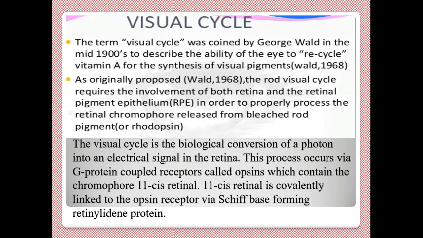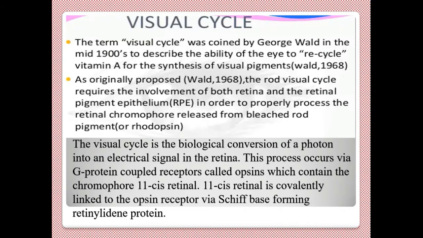The rod visual cycle requires the involvement of both the retina and the retinal pigment epithelium, or RPE, in order to properly process the retinal chromophore, that is the pigment released from bleached rod pigment, called rhodopsin. So the visual cycle is the biological conversion of a photon, that is light energy, into an electrical signal in the retina. This process occurs via a G protein coupled receptor called opsin.